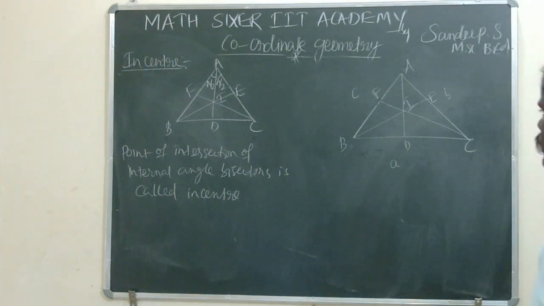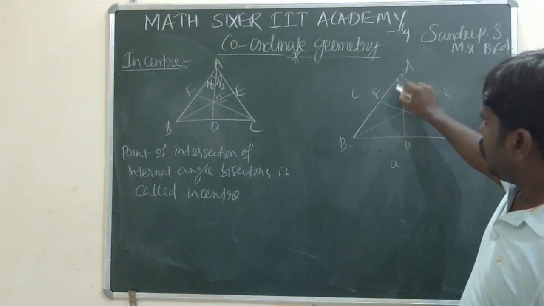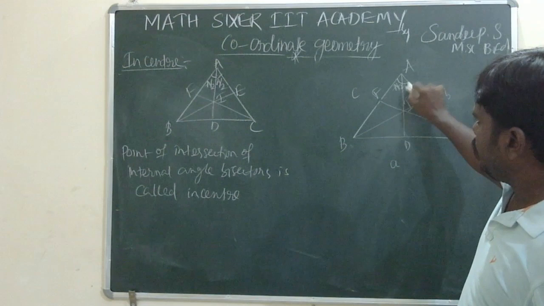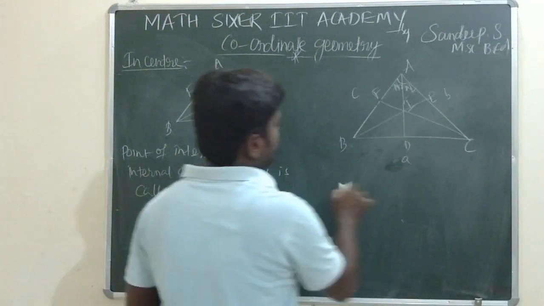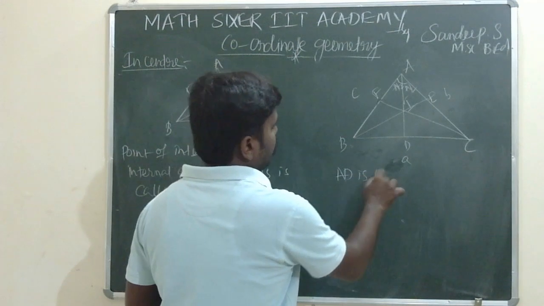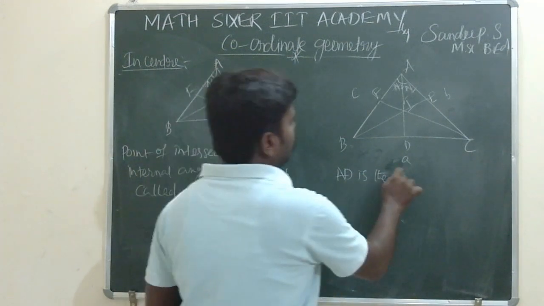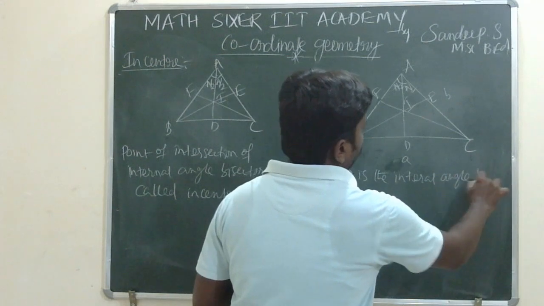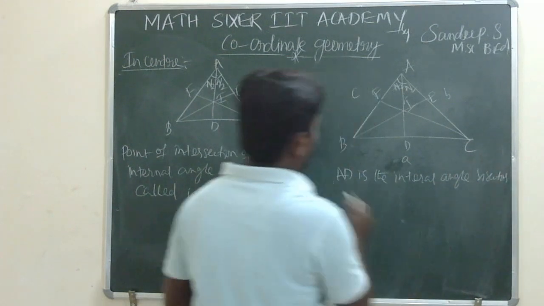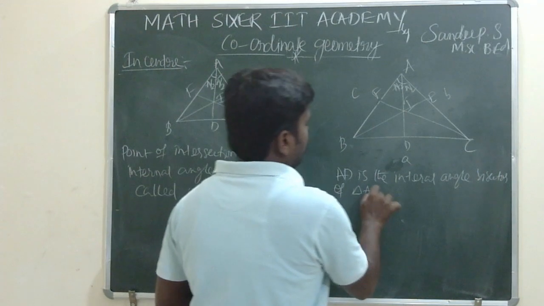Here AD is the internal angle bisector of triangle ABC.